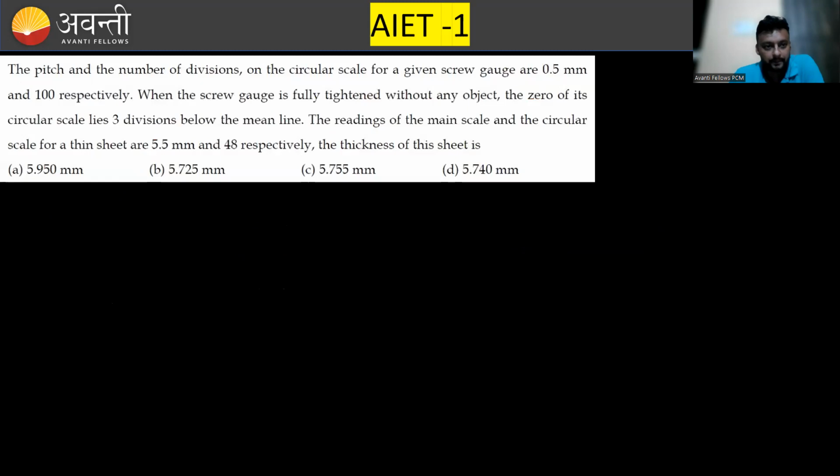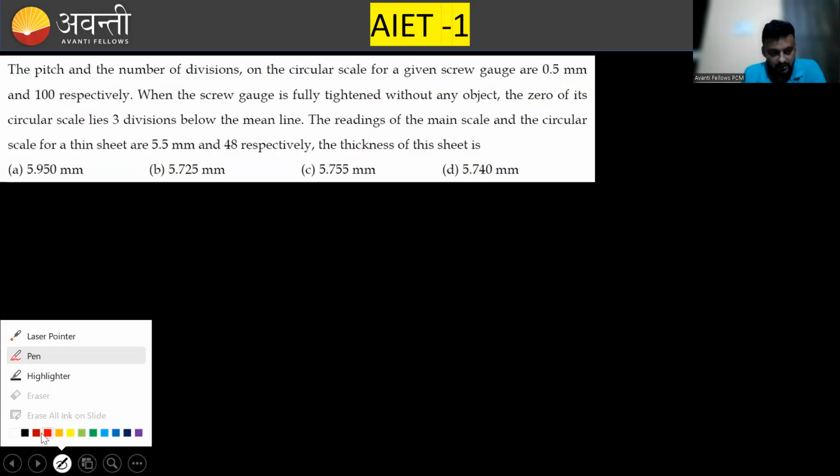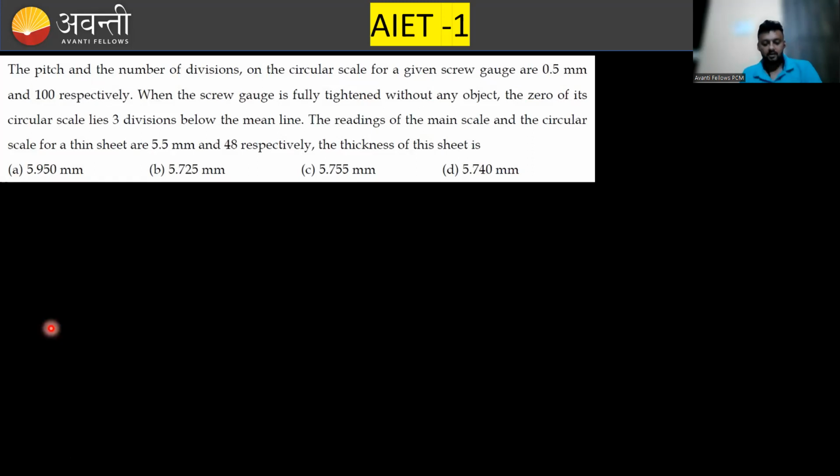Now, the next question is again related to the screw gauge. The question says the pitch and the number of divisions on the circular scale are given. That means pitch is directly given this time as 0.5 mm and the number of divisions on the circular scale is 100. From this data, you can calculate the least count.